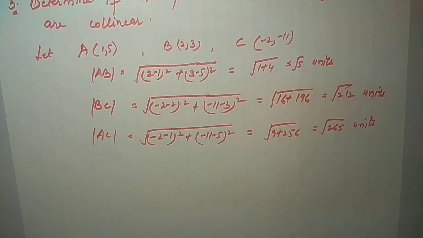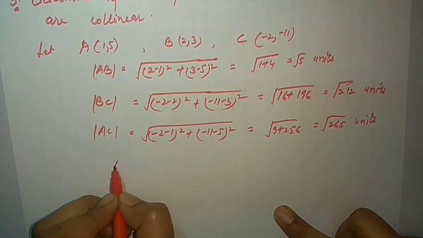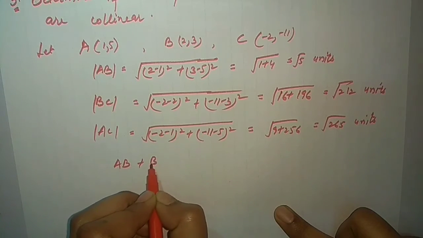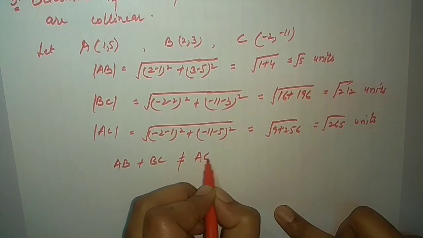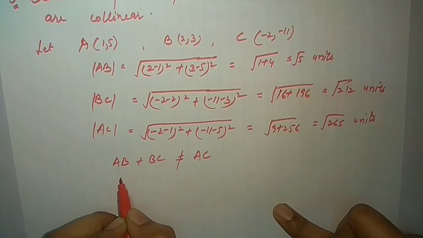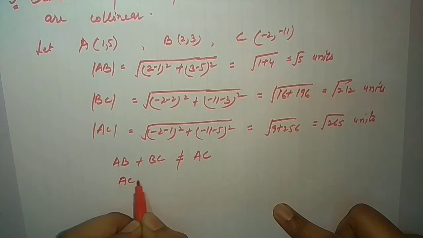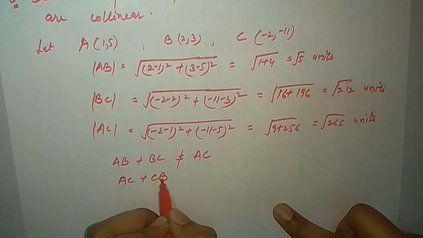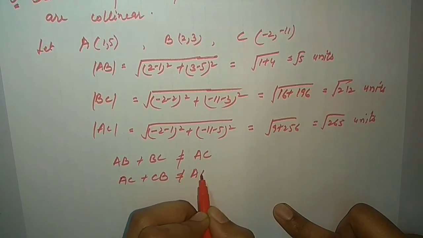And here if we see, AB plus BC is not equal to AC. You can see after adding them. AC plus CB, or BC, is not equal to AB.